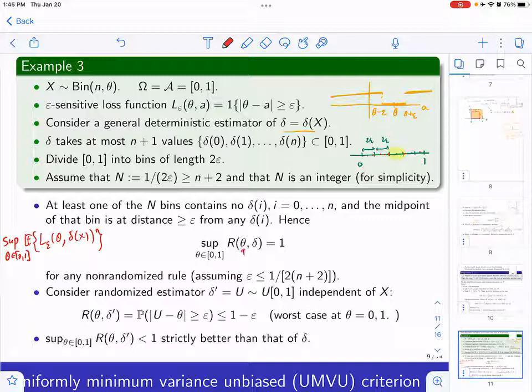So what this statement is saying is that for every delta decision rule, there exists a theta in 0 to 1 such that R of theta and delta is 1.